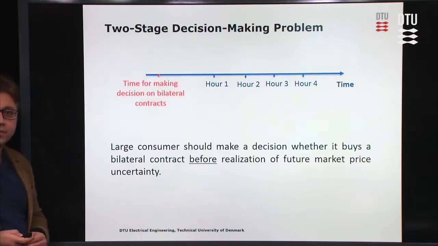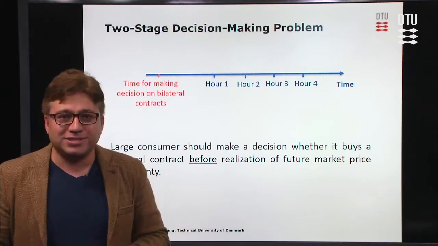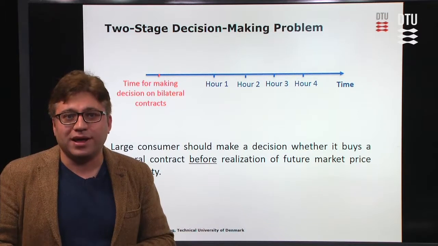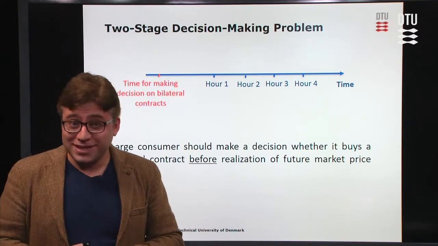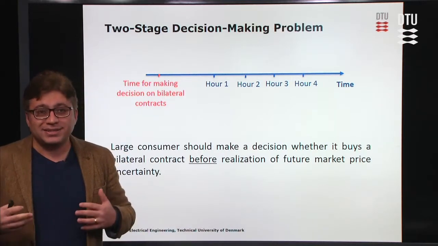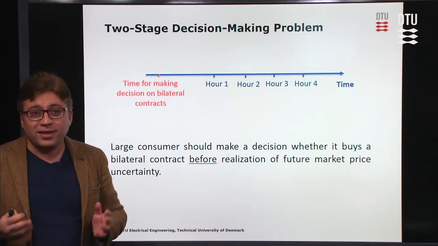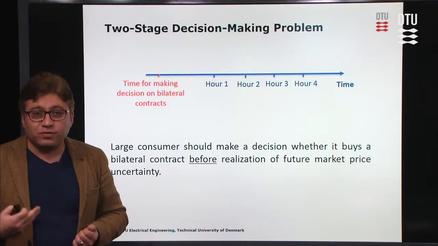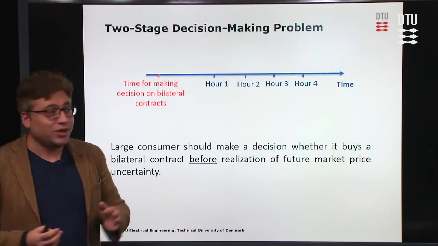Good. Now we would like to see how we can add the possibility of buying energy based on bilateral contracts in our optimization problem. Please note that the large consumer needs to decide whether to buy or not buy from the bilateral contracts much earlier than the hourly markets are declared.